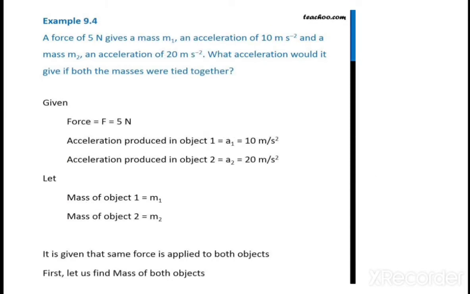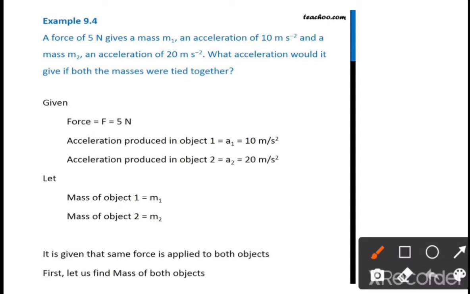Example 9.4. A force of 5 Newton gives mass m1 an acceleration of 10 meter per second square, and mass m2 an acceleration of 20 meter per second square. What acceleration would it give if both the masses were tied together? Listen to the question.